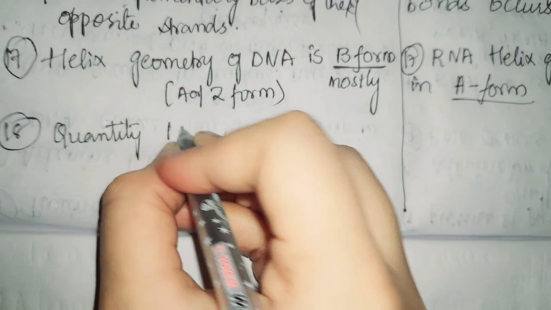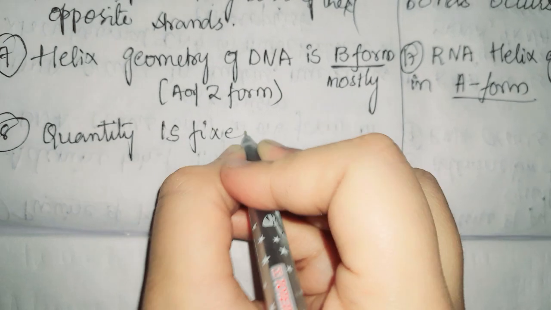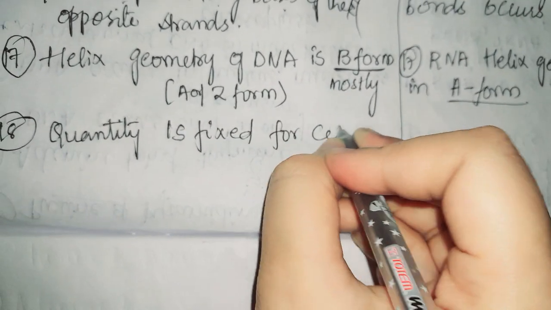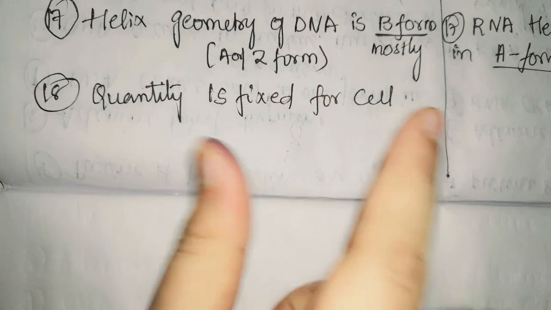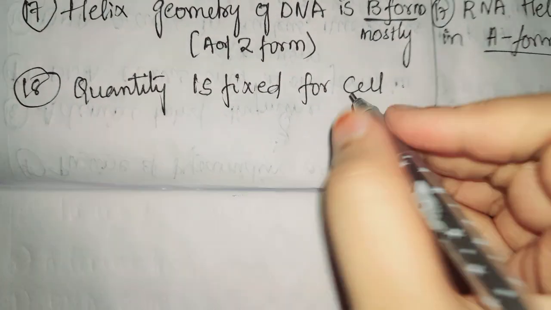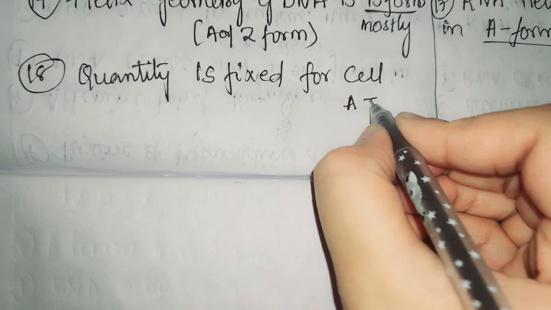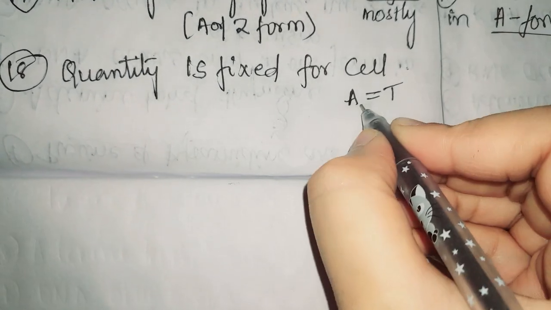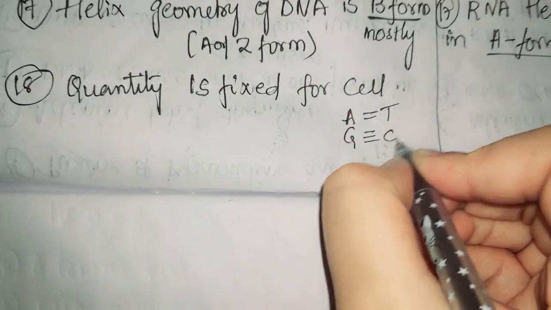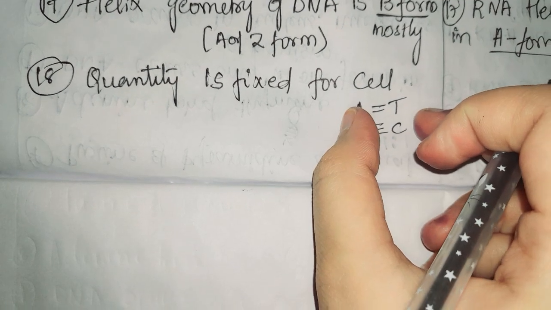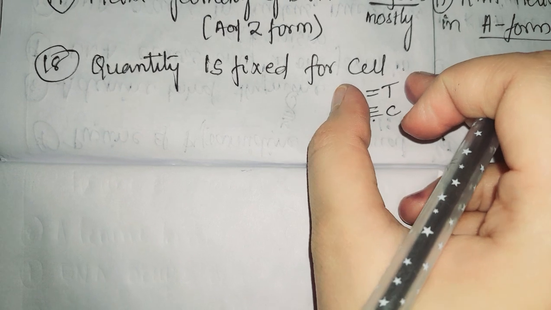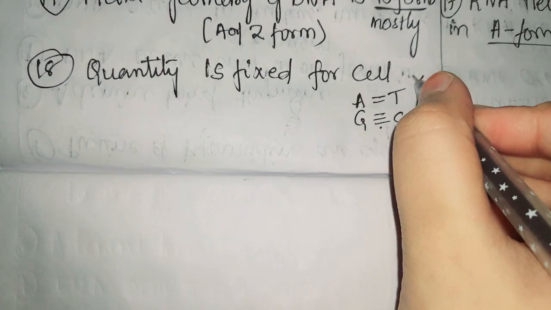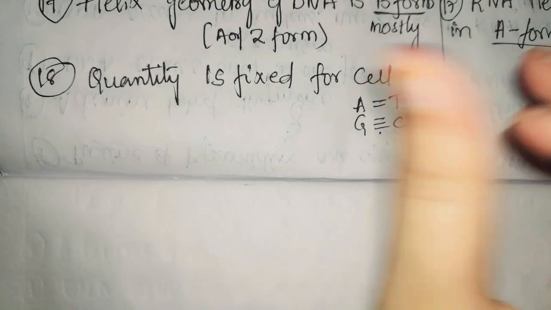The quantity is fixed for cells. How am I saying that the quantity is fixed or definite for the cell? Because we have equal base pairs, complementary to each other, with 3 hydrogen bonds between these two and 2 hydrogen bonds between these two, and the complementary strands are there, so that is fixed.